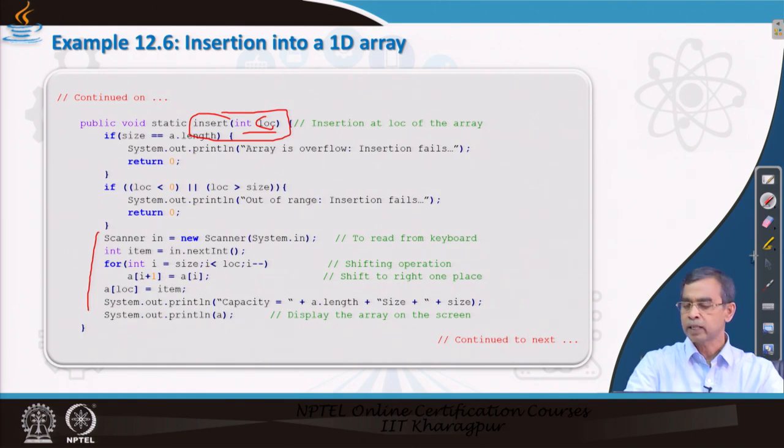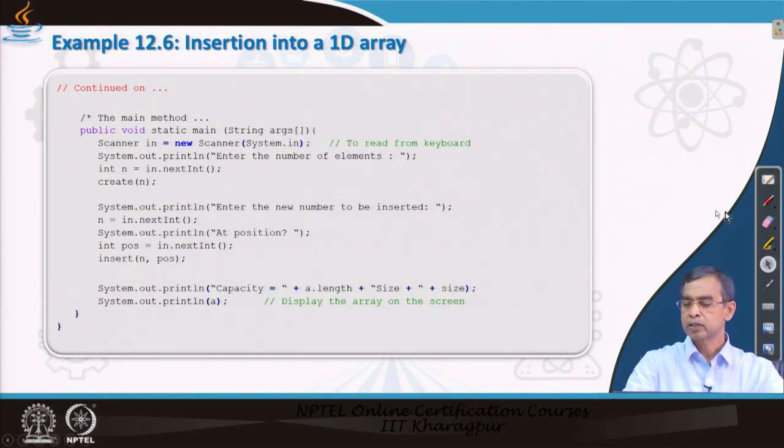So, this is the code that you can consider to create room for this one, and finally, it will load the element into the LOC position. So, I read the element from the current location, create an array, and then the element is to be inserted into this position. Again, I advise you to run this program and see how it works for you.